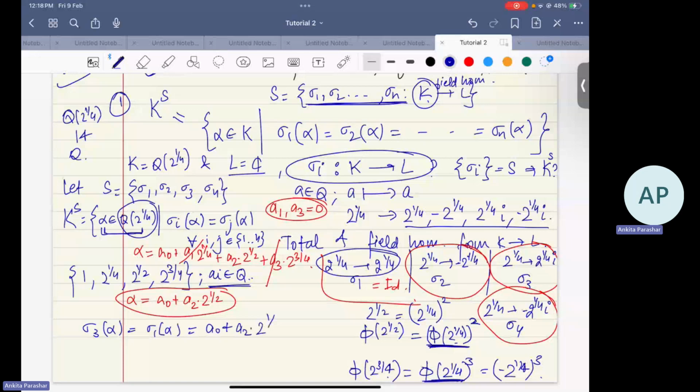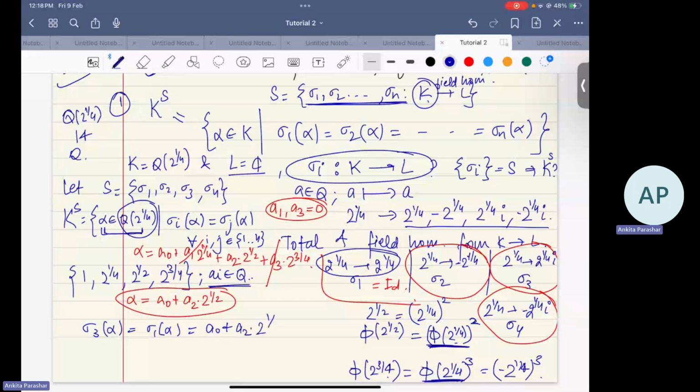And the final one is root 2 going to minus root 2, root 3 going to minus root 3. Right? Now suppose we call these sigma 1, sigma 2, sigma 3, sigma 4. So indeed the set contains 4 field homomorphisms.